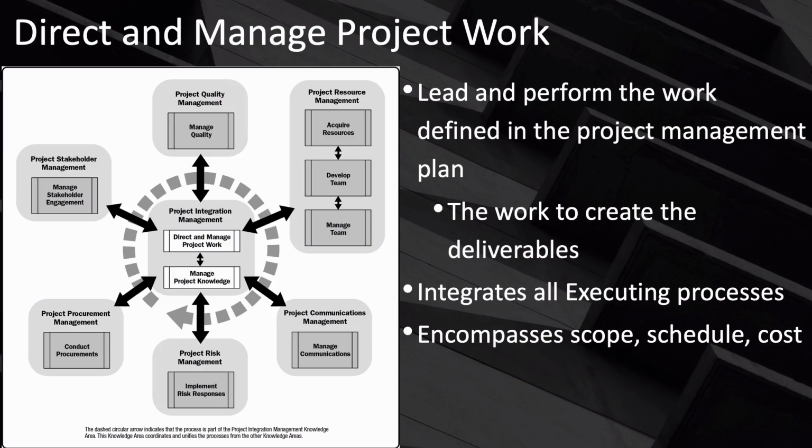This is the process that does the actual work to create your project deliverables. And it encompasses entirely your scope, schedule, and cost executing processes, because you don't have separate executing processes for scope, schedule, and cost. Whereas with all of the other executing processes, they're all integrated by this direct and manage project work process.